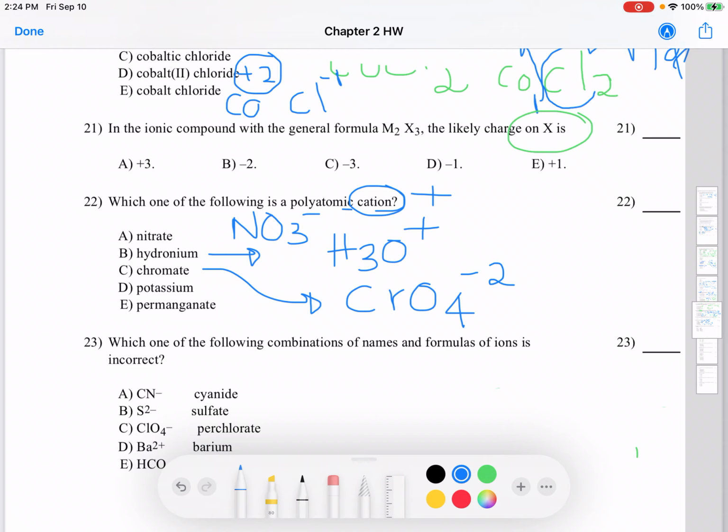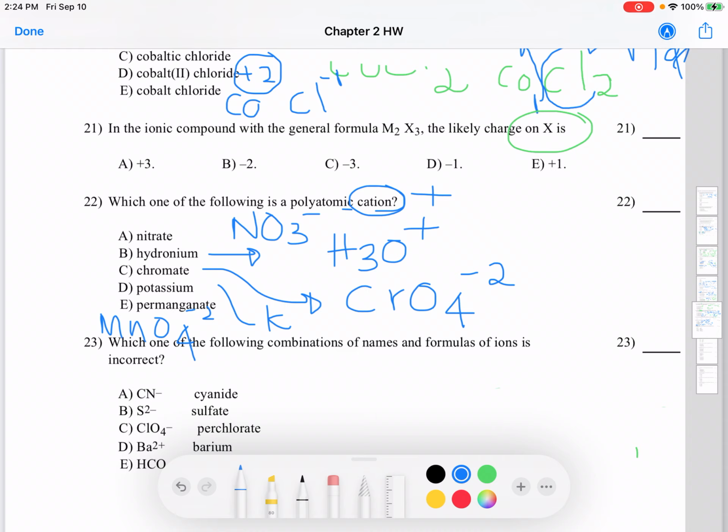Chromate, that's again an anion. And then potassium is just K, and permanganate is MnO4 minus. So you see which one is the positive charge or a cation: hydronium ion.